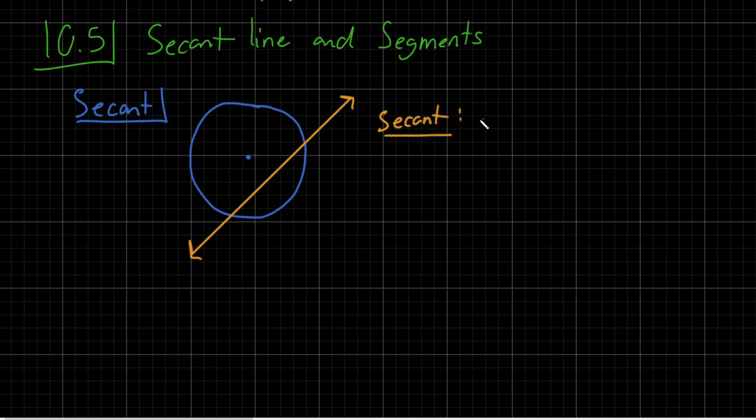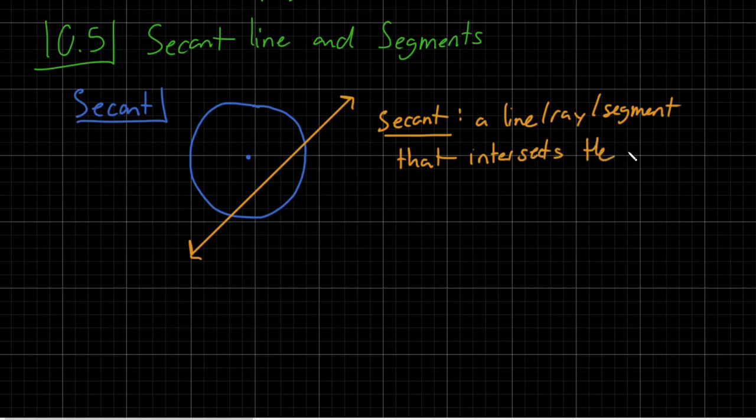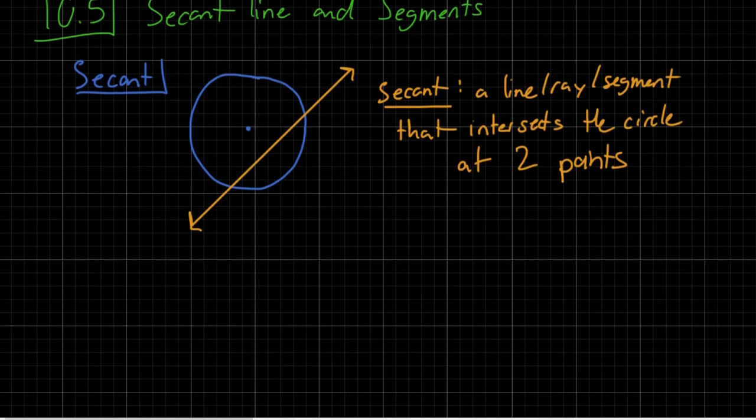So a secant can be a line, or a ray, or a segment, any of those that intercept the circle at 2 points. A line, ray, or segment that intercepts the circle at 2 different points.